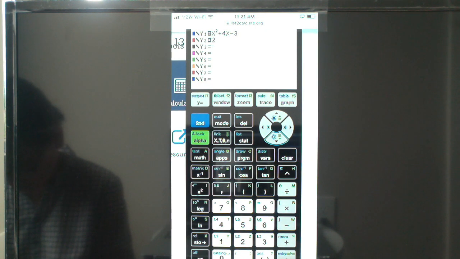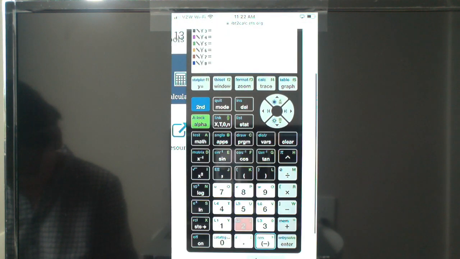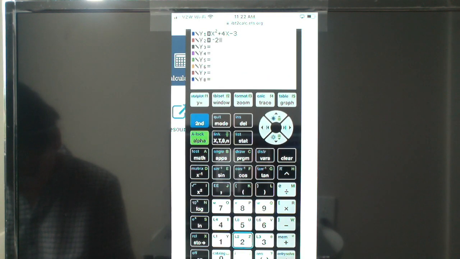So going back, everything else is same, but first part plus 4x, I'm changing to negative 3. Oh, plus 3. Excuse me. And this part will be, okay, negative 2, negative 2, and I'll change it plus 3.